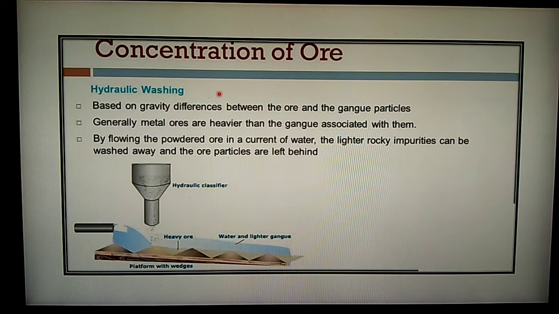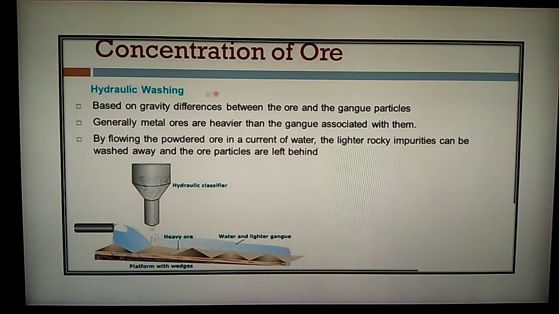One component is the ore, another is the gangue. The ore component is heavier, but the gangue is lighter. So it is based on the gravity difference between the ore and the gangue particles, and generally metal ores are heavier than the gangue.